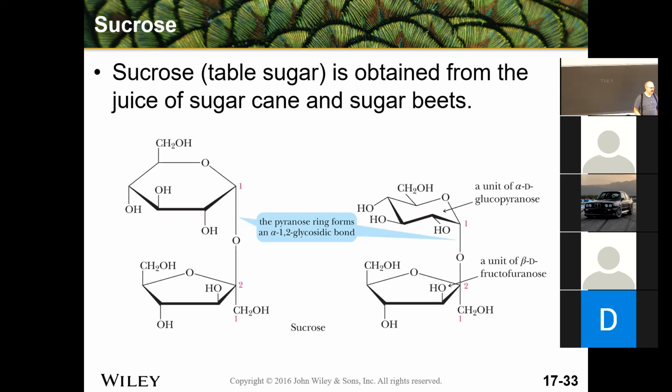Right, so we've talked about monosaccharides. Sucrose is an example of a disaccharide. Sucrose is obtained from the juice of sugarcane and sugar beets. Here are the Haworth and the chair representations.